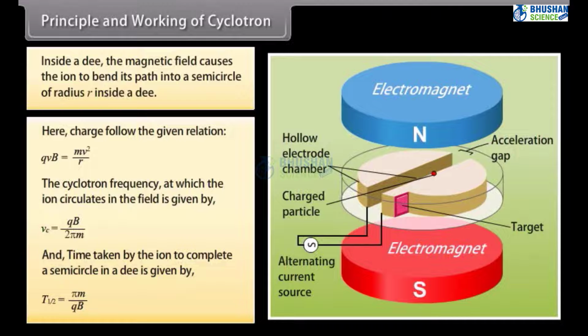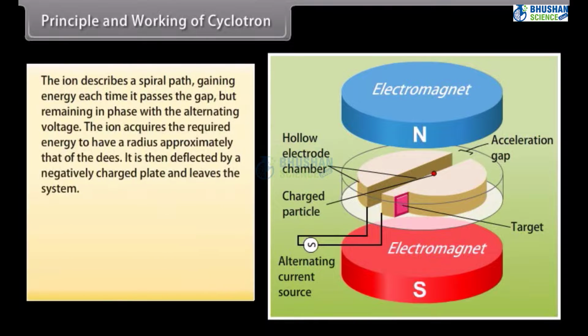This energy gain does not affect the resonance condition except increasing the orbit size. The ion describes a spiral path, gaining energy each time it passes the gap, but remaining in phase with the alternating voltage. The ion acquires the required energy to have a radius approximately that of the Ds. It is then deflected by a negatively charged plate and leaves the system.